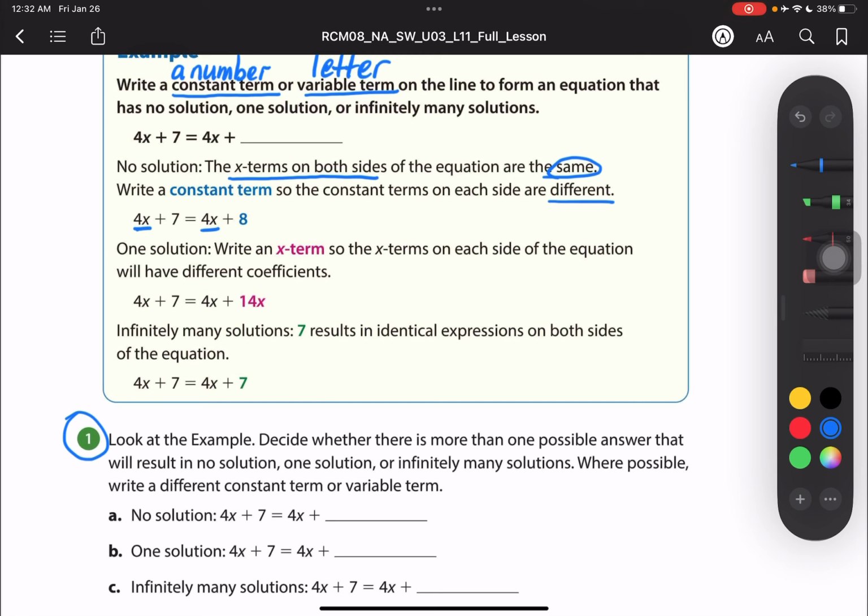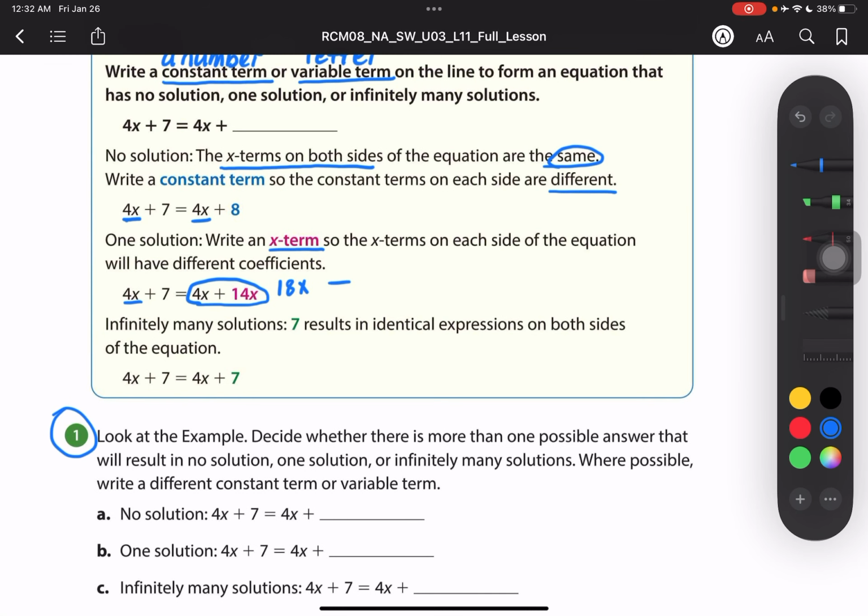One solution, the x terms have different coefficients. So when these combine, this will give me 18x. So this whole equation simplifies to 4x plus 7 equals 18x.